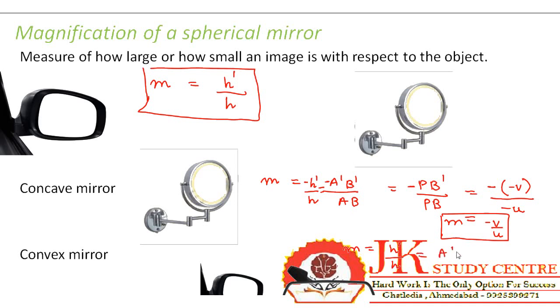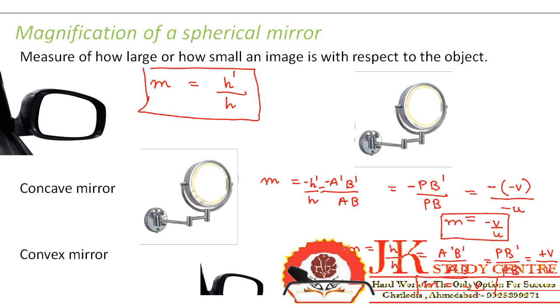So that means this will remain as a dash b dash divided by ab. So this will become pb dash divided by pb. Now in case of a convex mirror, pb dash is v, but it is plus v, and pb is u with a minus u. So in this case also we get magnification is equal to minus v by u.